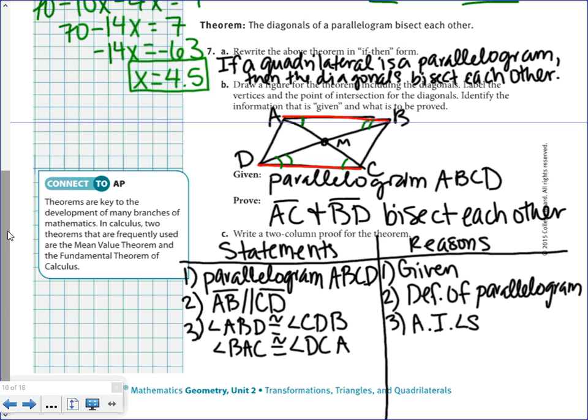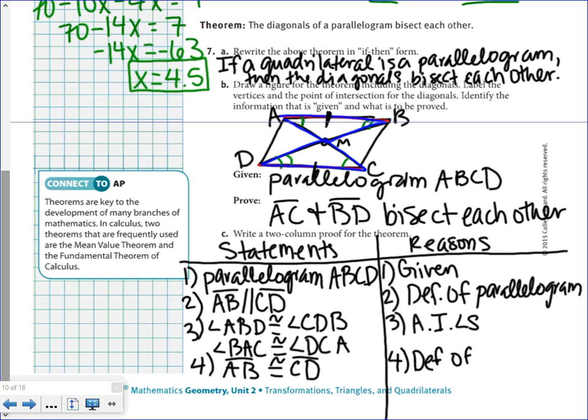So what I am trying to prove is that this triangle and this triangle are congruent. That's what I'm working towards. And there's one more piece of information I need. I have two angles. I need to show that the sides here are congruent. And so I know side AB is congruent to side CD. And the reasoning is because it's a parallelogram.